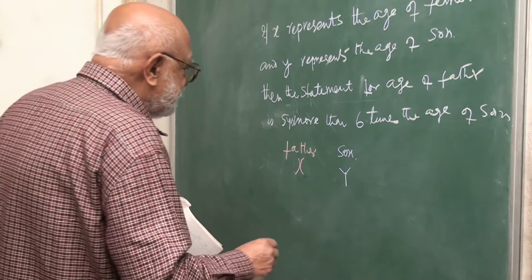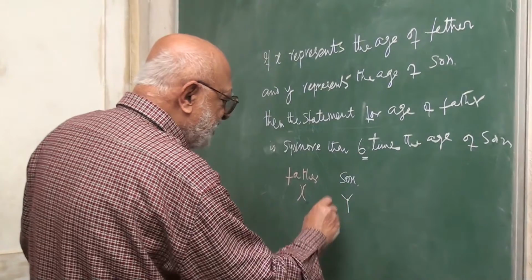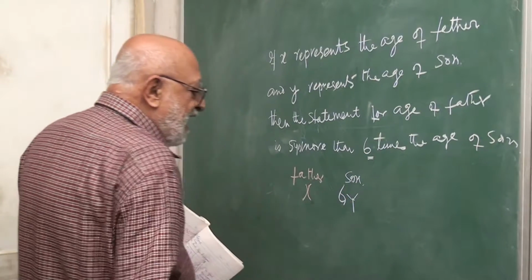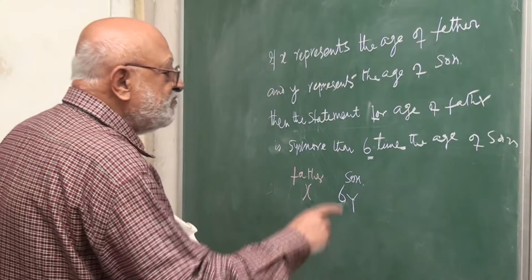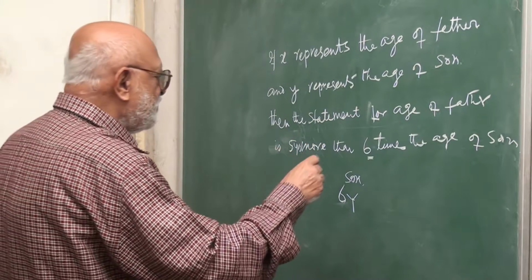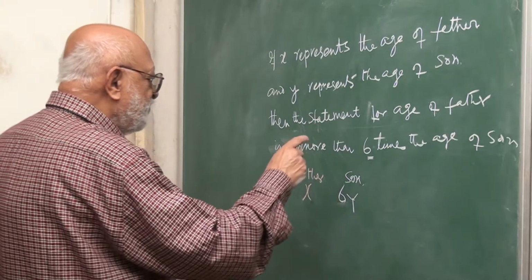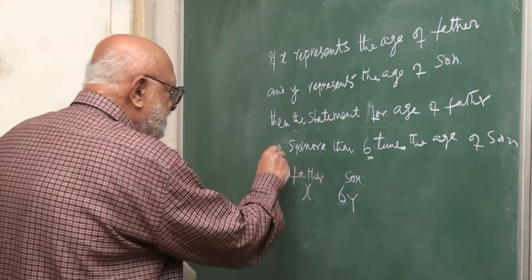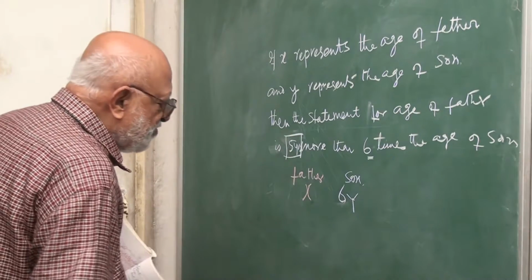So it says x is 6 times the age, so make it 6, and then it is saying that it is 5 years more.